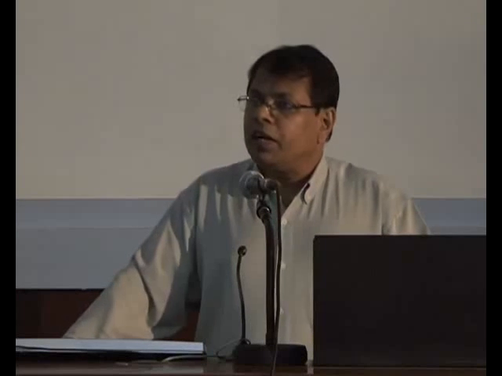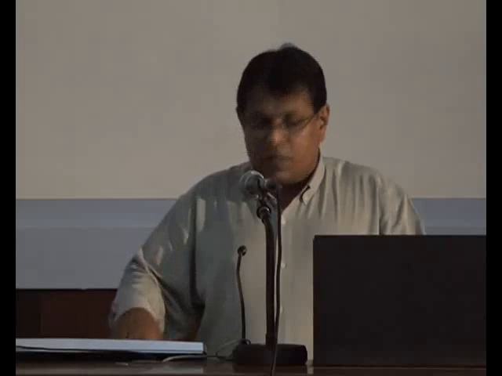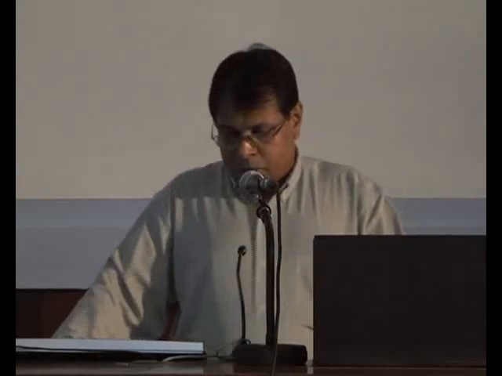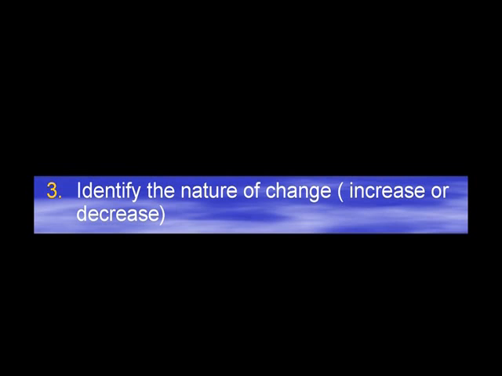In our last class we did this. We identified the items of the accounting equation and whether it is an increase or decrease. This is a systematic way of doing it. I documented it. Identify the nature of change, increase or decrease. We have already done it.